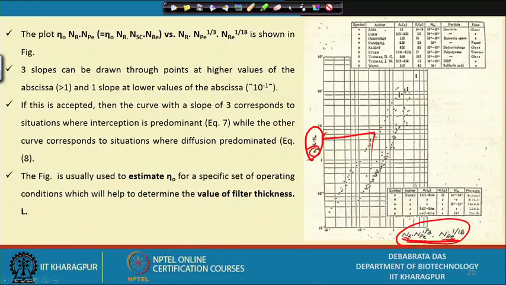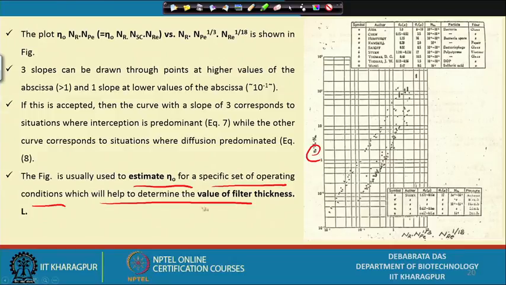So, we know N_R, we know N_Pe, so we can easily calculate the value of eta 0. Eta 0 is estimated for a specific set of conditions, and with its help we determine the thickness of the filter.